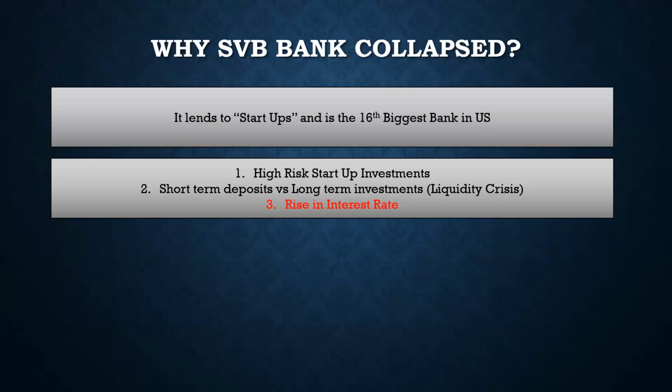And finally, the third point, which is the main reason, is the rise in interest rates. Because of inflation, most of the central banks over the world have increased interest rates. What this has done is, suppose in 2019 or 2020, a bank has invested in government bonds, right?